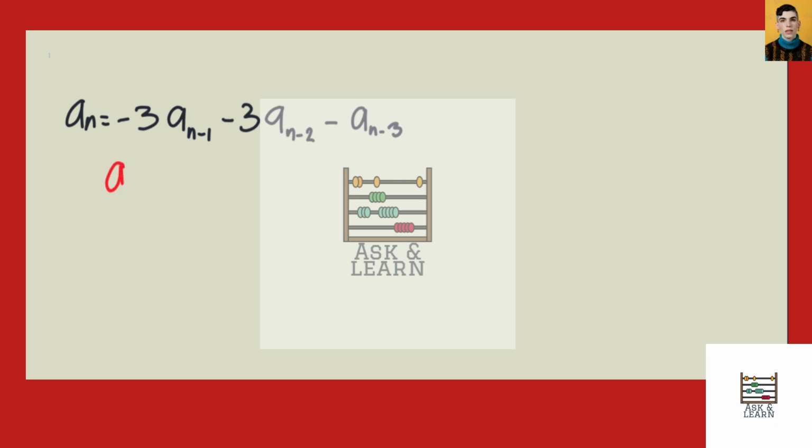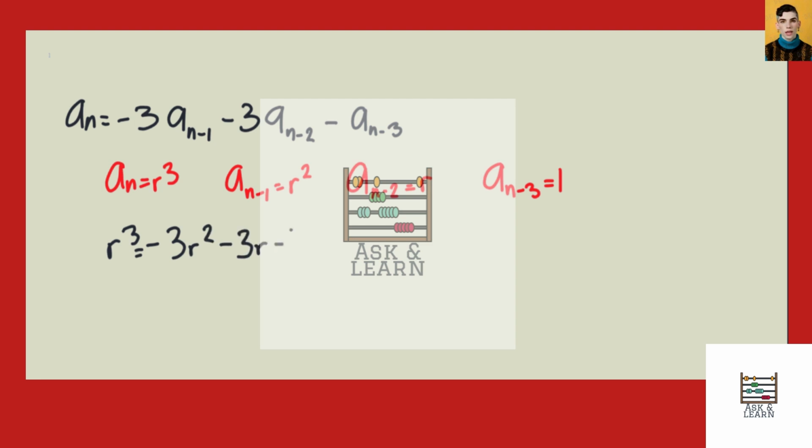So we'll let a_n be equal to r cubed. And so a_{n-1} is going to be r squared, a_{n-2} will be r, and then a_{n-3} will just be equal to 1. And so if we substitute these values into the equation given, we end up with r cubed is equal to negative 3r squared minus 3r minus 1.